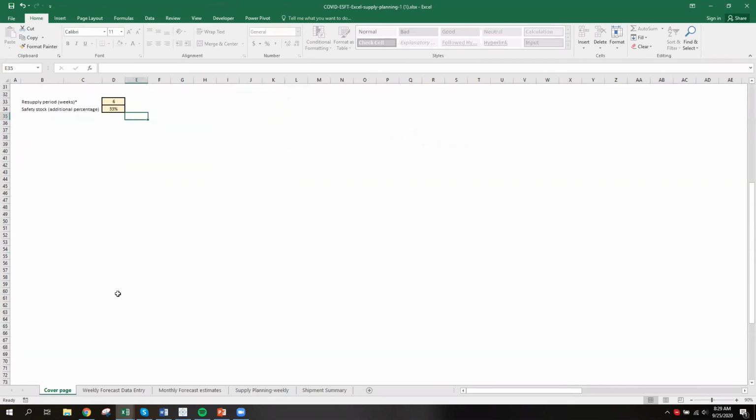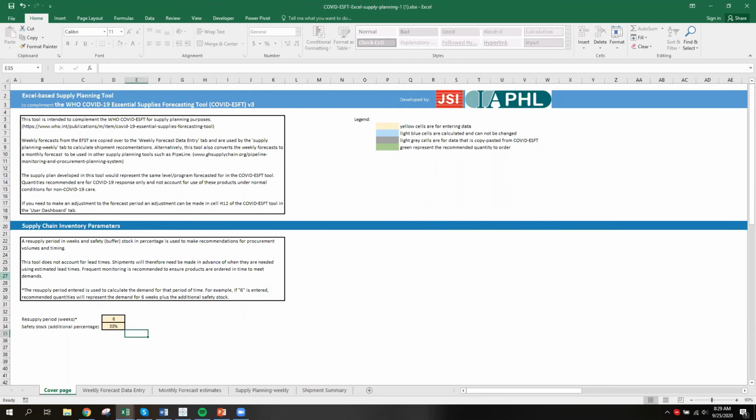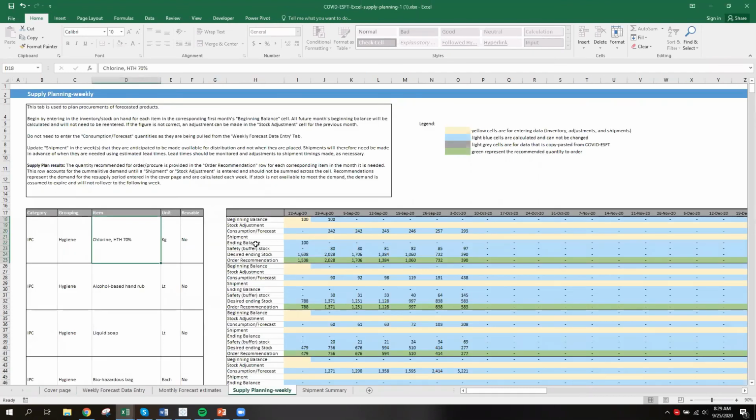Okay, there's another question. Terrence again: can the tool be adjusted to capture the expected shipment that is in the pipeline? I think it does that. Yeah, so if you go to supply planning and you have other shipments coming in, you just place the quantities in the week that you anticipate them being available.